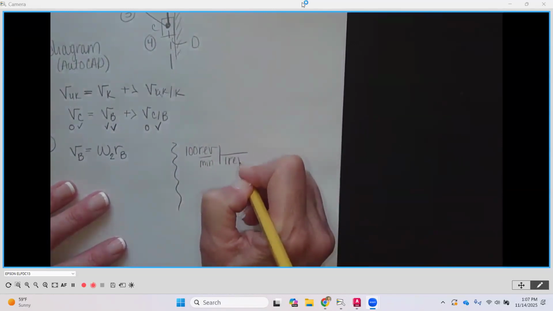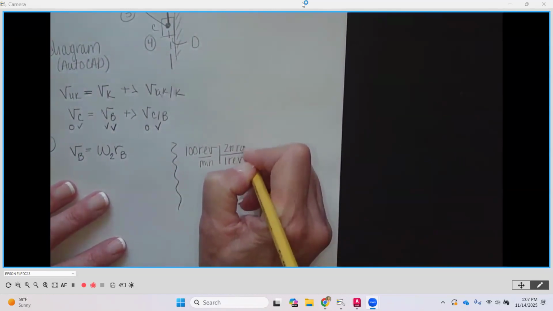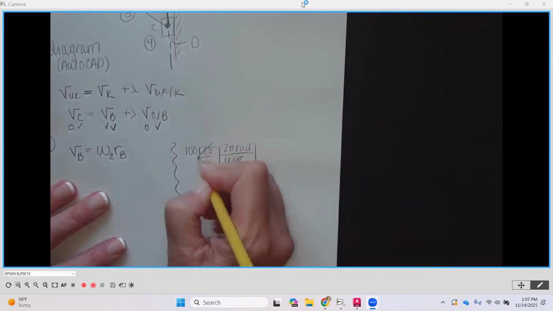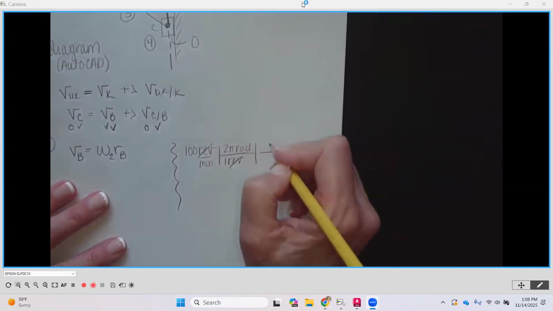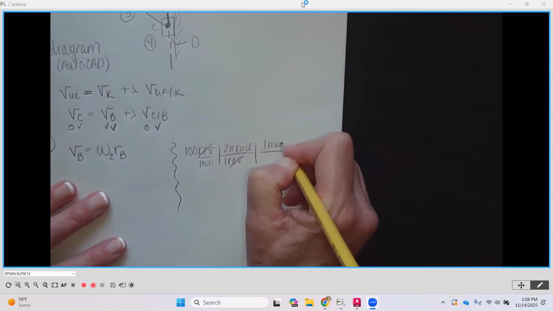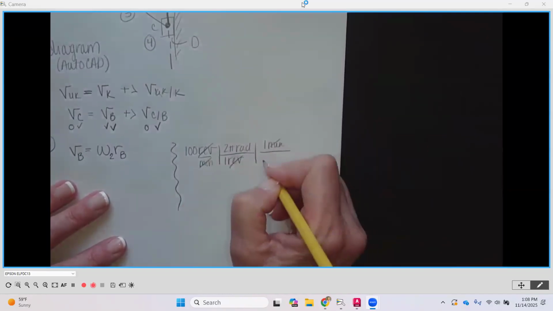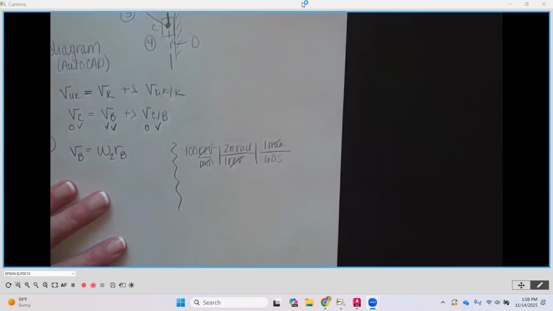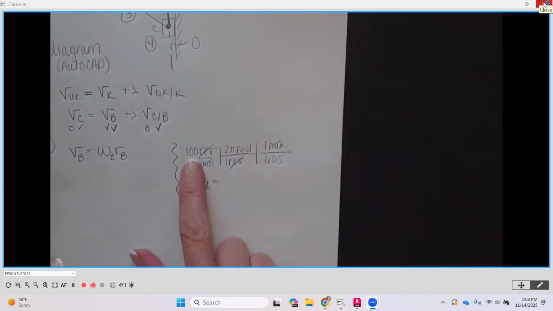We know that 1 revolution is equal to 2 pi radians. Okay, revolutions cancel. And then we've got 1 minute on the bottom. We're going to put it on the top here so it cancels, is equal to 60 seconds. So our W2, what do we get for this value? So multiply across the top, divide by the bottom.